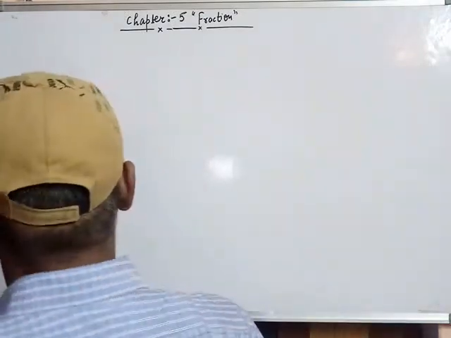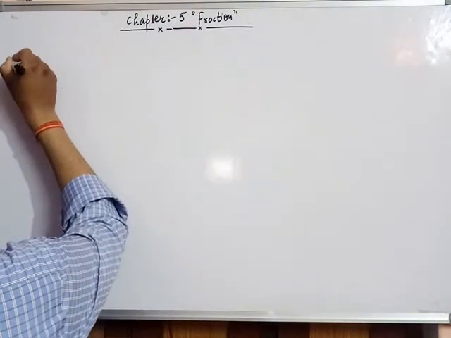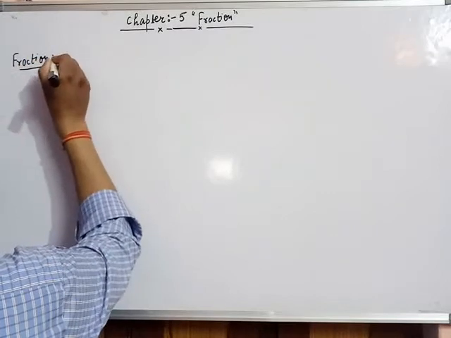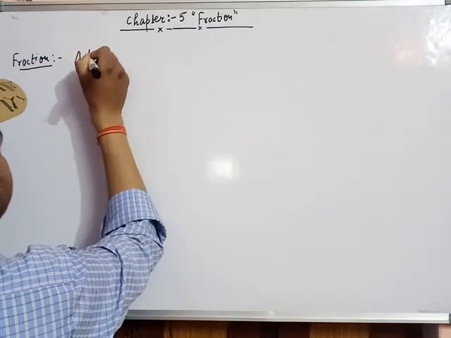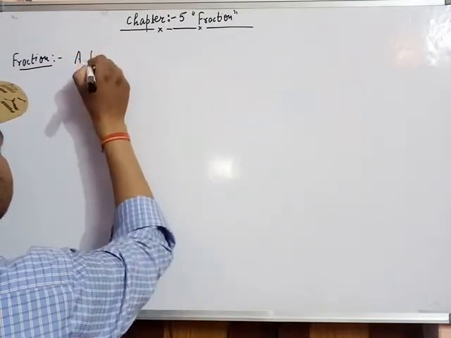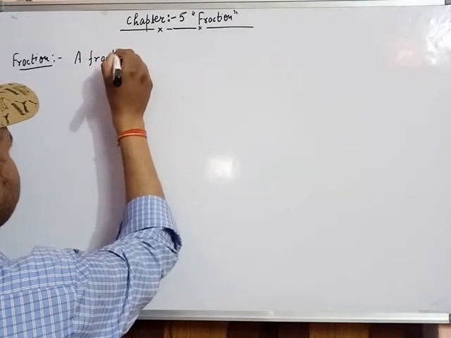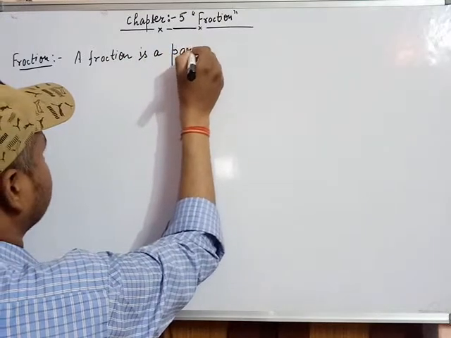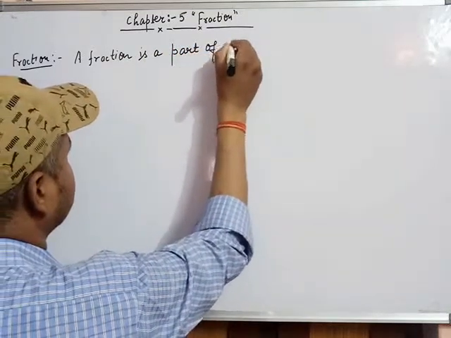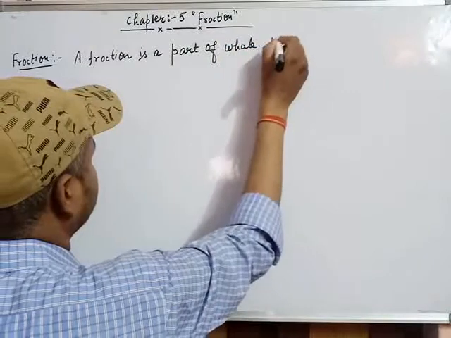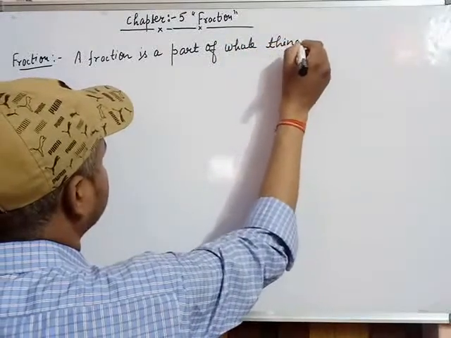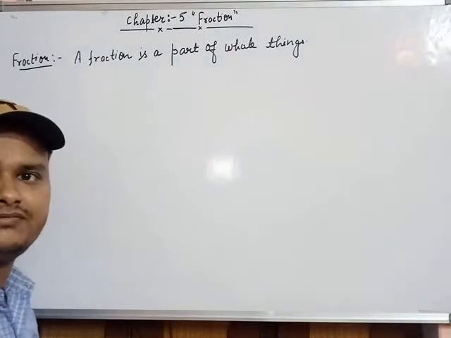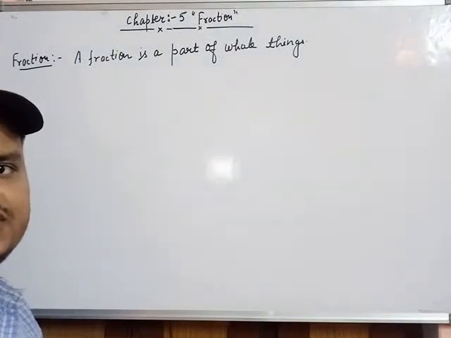So this is the one line definition of fraction: a fraction is a part of a whole thing. Okay, so this is the definition of fraction. Fraction is a part of whole things.